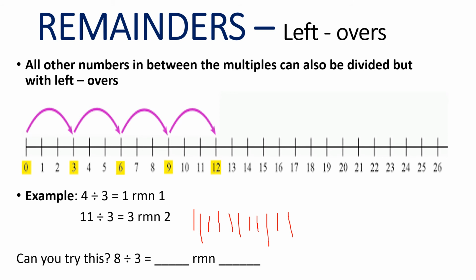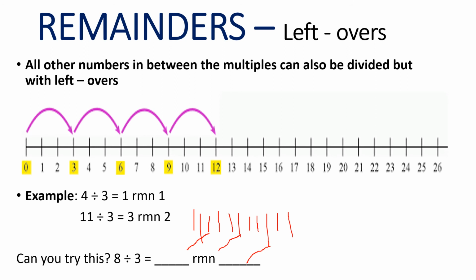1, 2, 3. This is the first one. We're still making 3 hops. Then we start from the next one. 1, 2, 3. This is gone. 1, 2, 3. This is also gone. 1, 2. This is not up to 3.